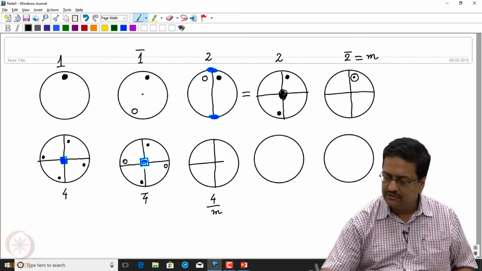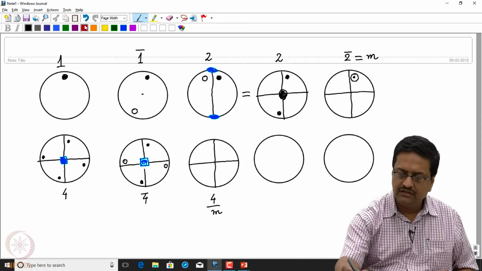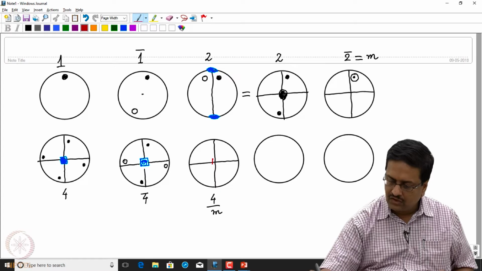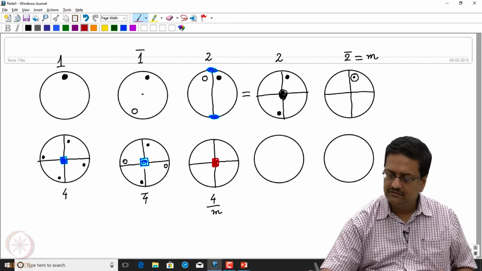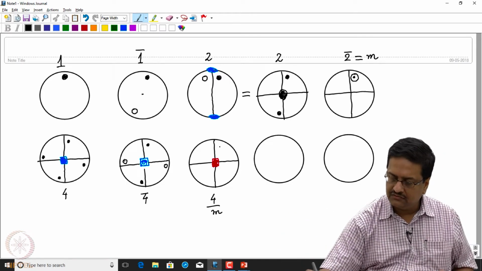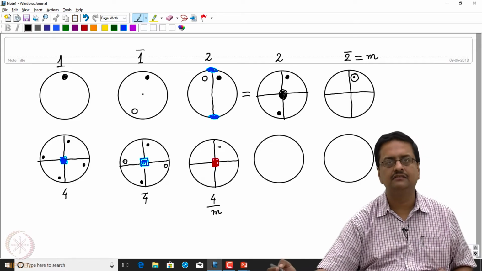So to do that, we divide this circle in 4 parts, draw the fourfold in the middle, and then start with the closed circle.